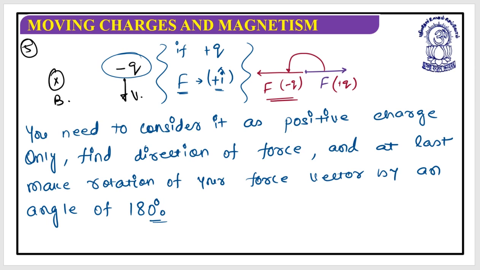So if it is negative, first consider it as positive, find out the direction of force using Fleming's left hand rule, and then at the end reverse the direction of the force, or rotate that force vector by 180 degrees. I hope this is clear. Is it clear? Can it be done? Great.